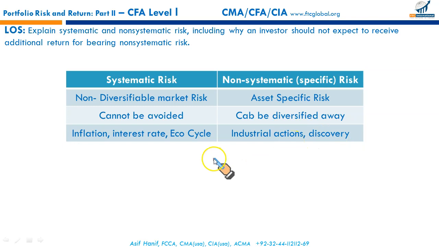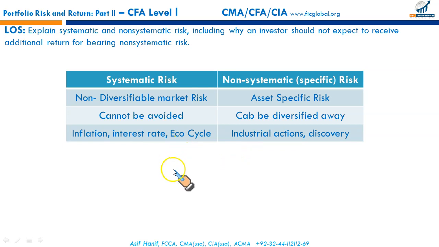So here is an important point to make. Investors are only compensated for bearing systematic risk. There is no compensation for non-systematic or specific risks, which are also called diversifiable risk. Now let's imagine there is some compensation for diversifiable risk.